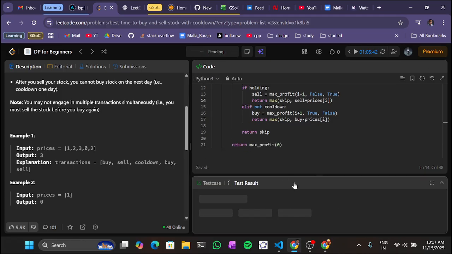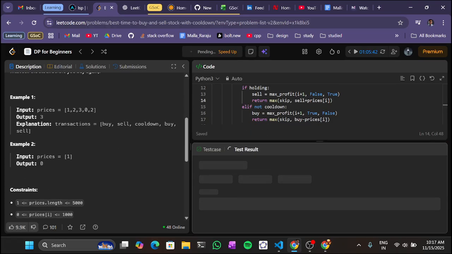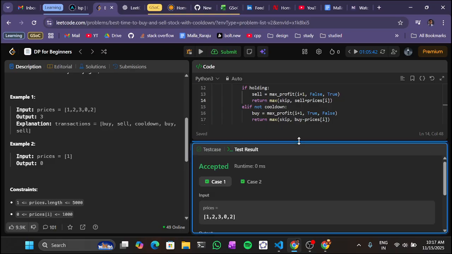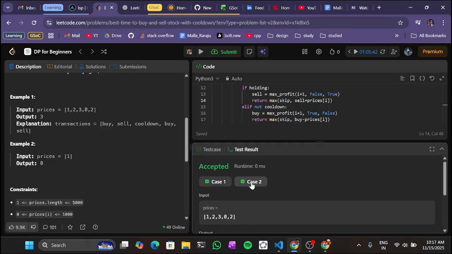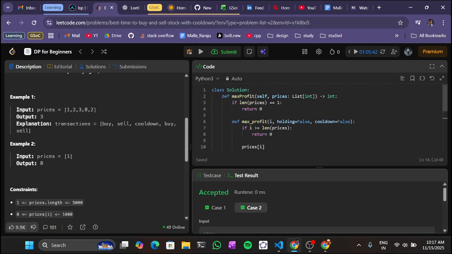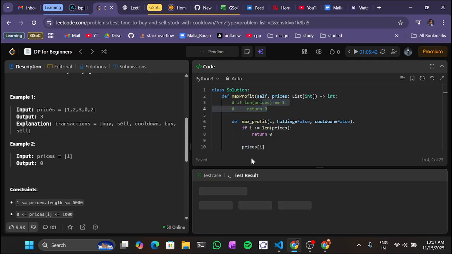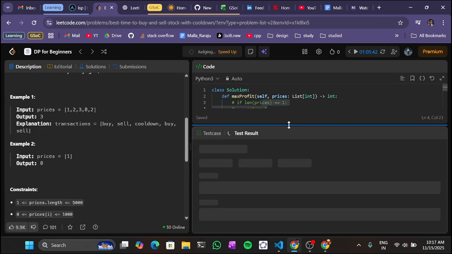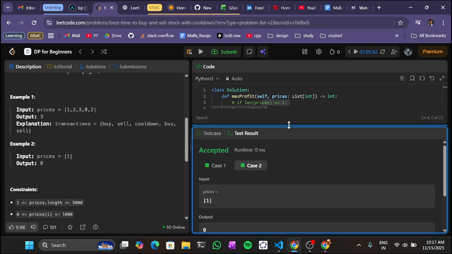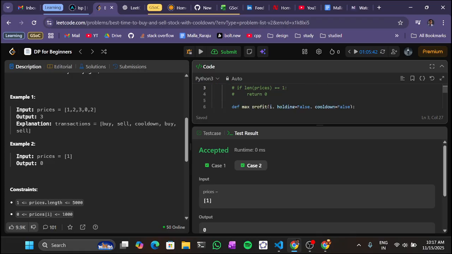Let's try now. Well, it seems like it is working well. What if we take this out? So we don't need this edge case.